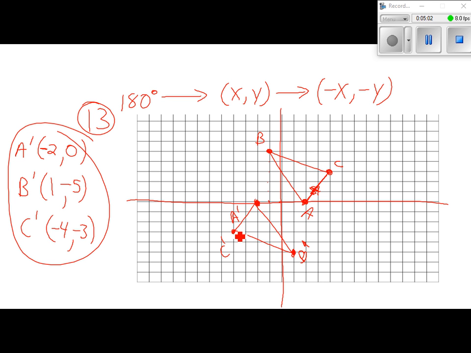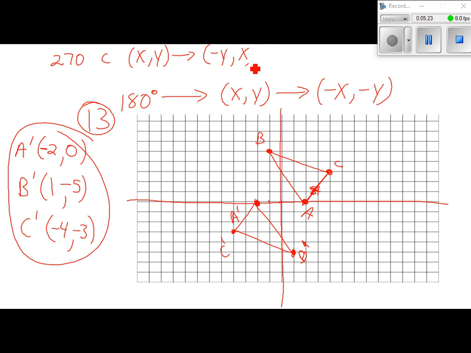Next one, go ahead, Kellen. I have a question about the notes actually. On the 270 degrees clockwise, what's the rule for that one again? Somebody help us out, because I didn't get it. (x, y) goes to what? (Negative y, x). Okay.